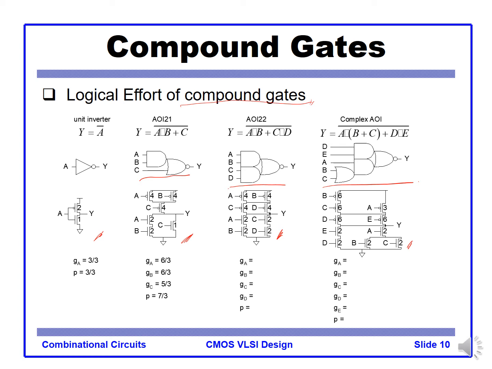So if you calculate the logical effort for A, for example, here, the input capacitance of A is 6, and the equivalent driving strength is the same as the inverter, like this. So the logical effort is 6/3, like that.